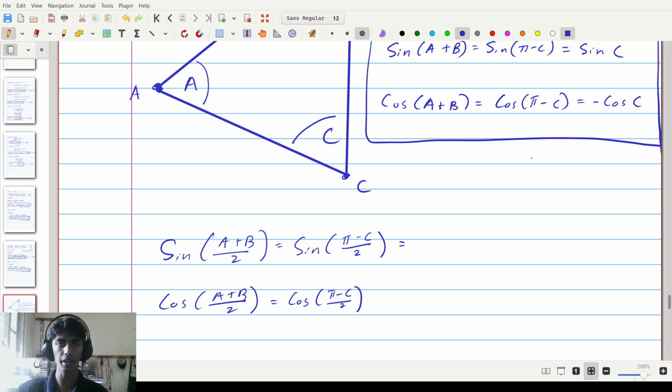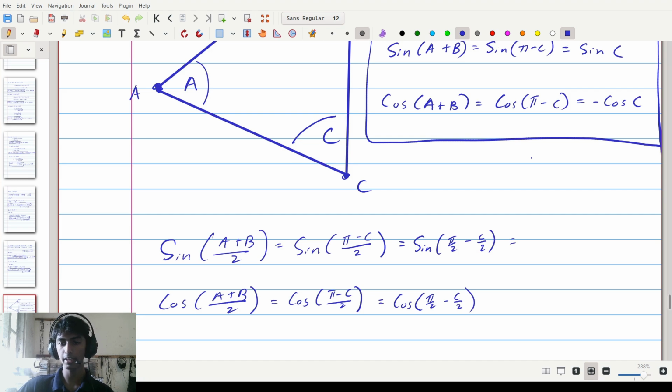So we can split this fraction and say that this is equal to the sine of pi by 2, or 90 degrees, minus C divided by 2. So not C divided by C divided by 2. Similarly, on the bottom we can split the fraction and call this sine of pi by 2 minus C divided by 2.